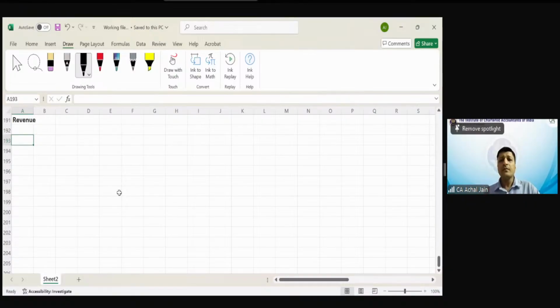Now, as regards the P&L, one can say that the most important item in the P&L happens to be what? Revenue. Yes or no?